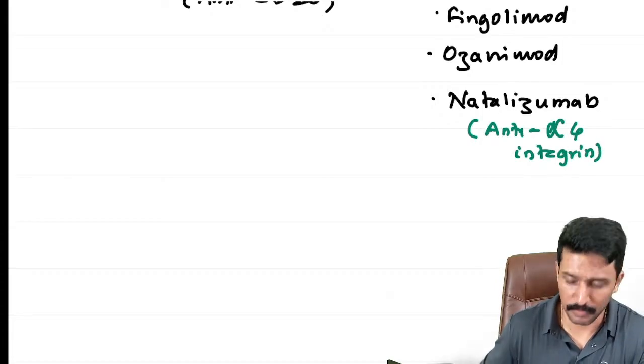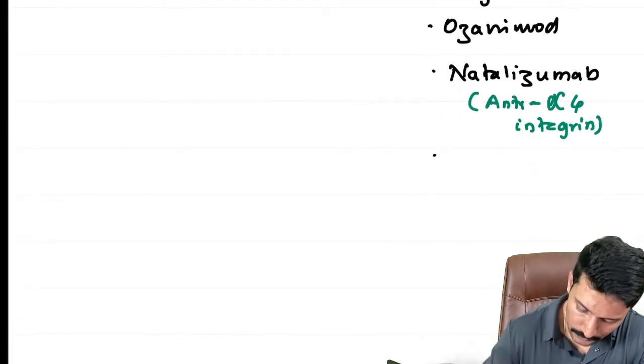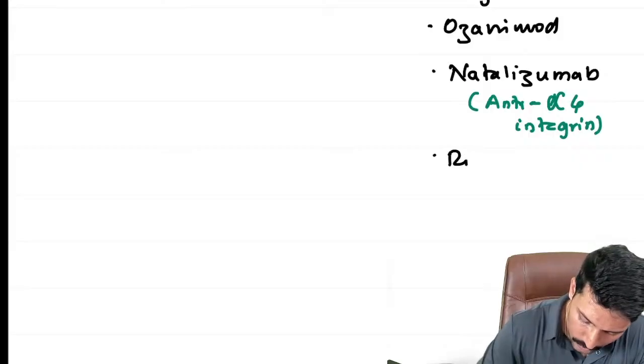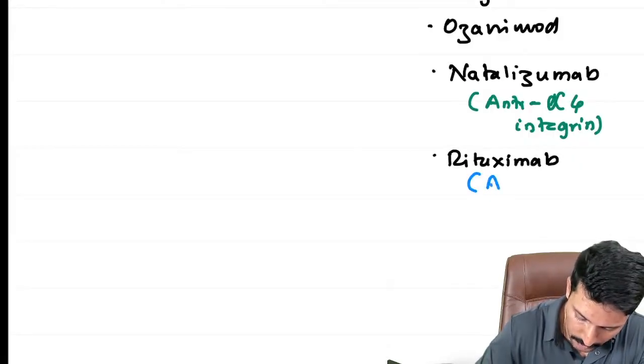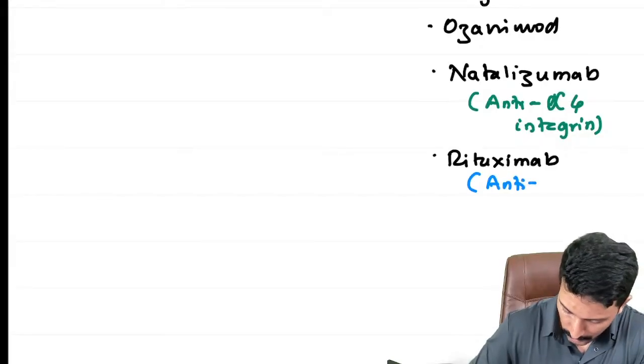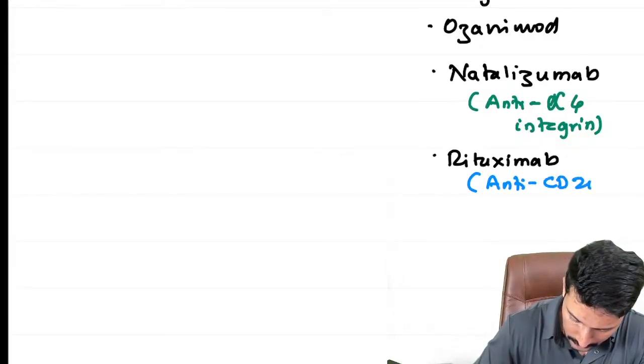At most, they will ask you what is its mechanism, nothing more than that. Then we have rituximab, which is anti CD20, which you're all familiar with because of chemotherapy and oncology.